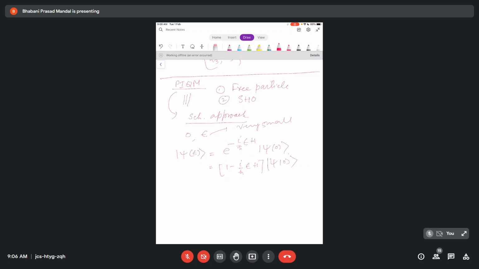So this you can write, and you can also write it in coordinate representation. This is independent of any basis.